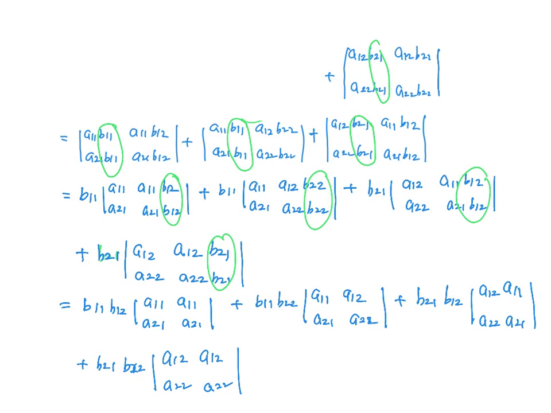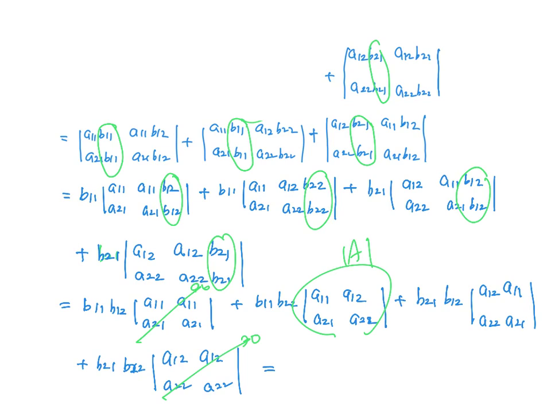In the first determinant, two columns identical, right? So any matrix with two columns identical, 0. The last one is also identical, 0. This is determinant A, right?